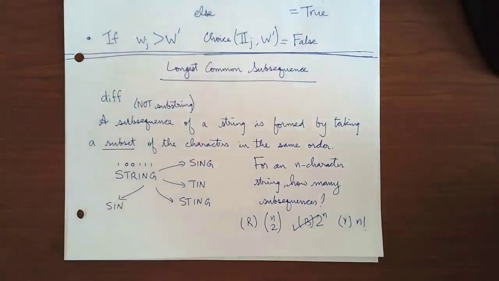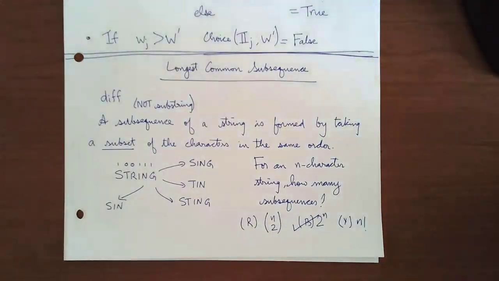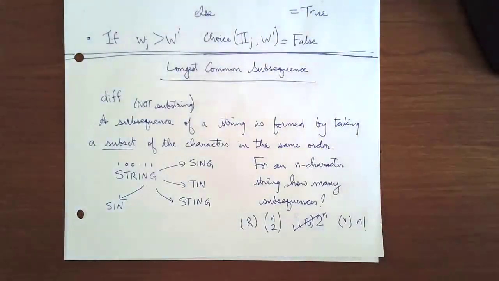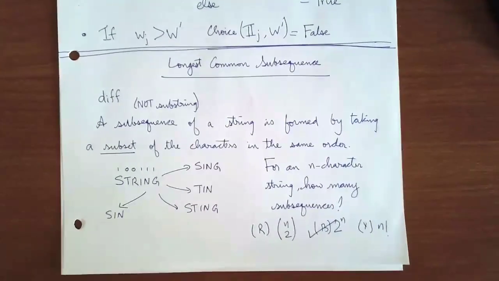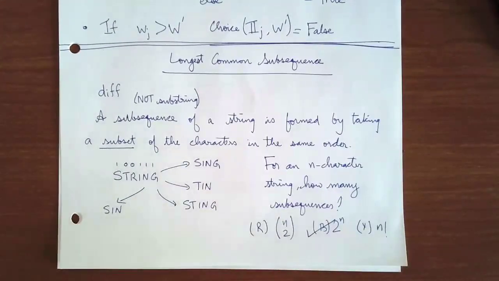So I'd like to go over a solution of this in reasonable detail, show you the recurrence, the table, and the ordering to fill things up. Hang on, I hope my screen is clear. Yeah, everything looks good.